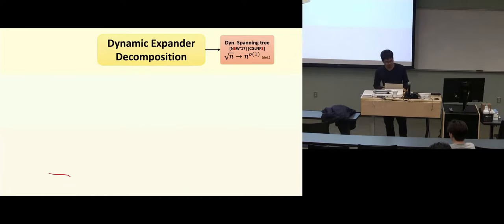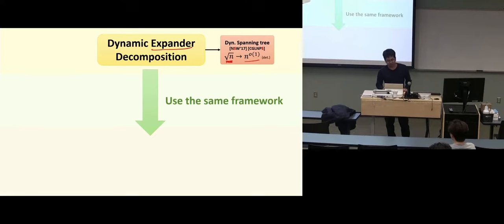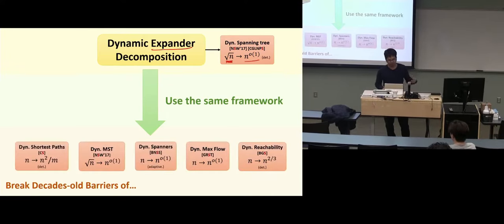Because it's so powerful, I used the expander tools to get this improvement from root n to n to the little o of 1, and using the same framework, we managed to break decades-old barriers of many other problems. So it's something powerful, useful to know if you want to think about this area.